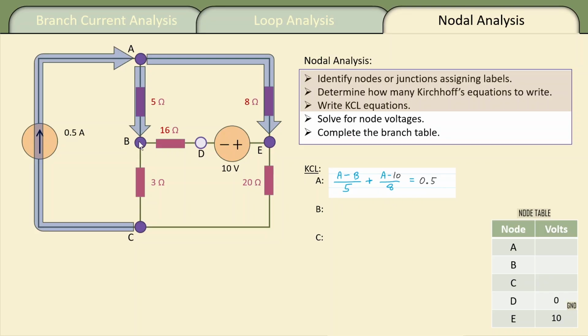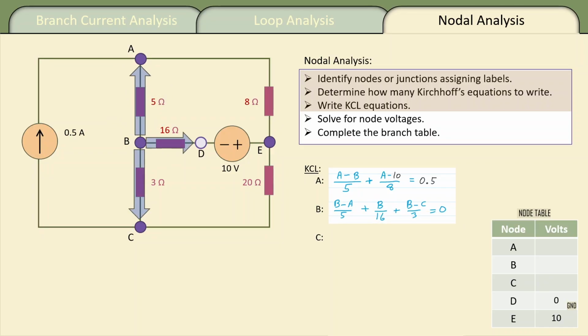A minus B would be the volts across the 5 ohms. Divide by 5 ohms, that's Ohm's law for current. So A minus B over 5 represents the current going from A to B through the 5 ohms. A minus E, remember E was 10, so A minus 10 over 8 is the current leaving node A through the 8 ohms. And that's our first equation.